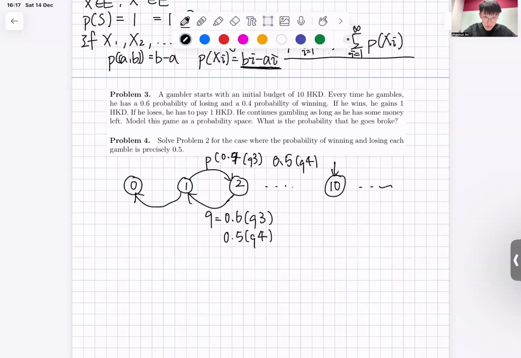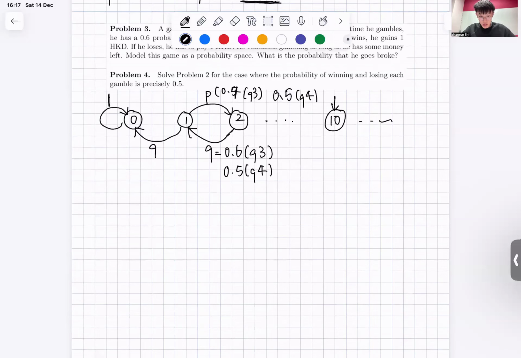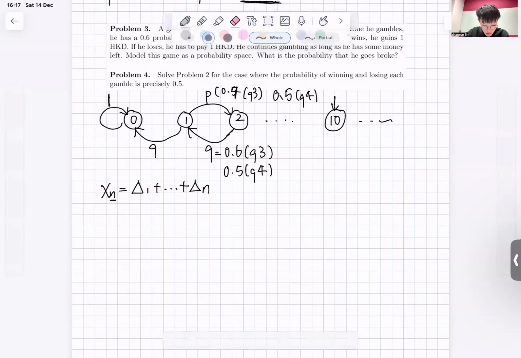Notice that when the gambler is ruined, he stays there forever. Now we can write the equation. Let me first define xn to be the state that the gambler is at after n steps. So it's just delta 1 plus delta 2 plus up to delta n.